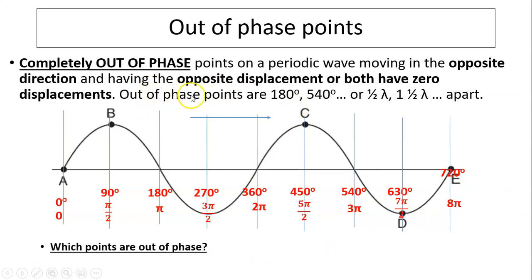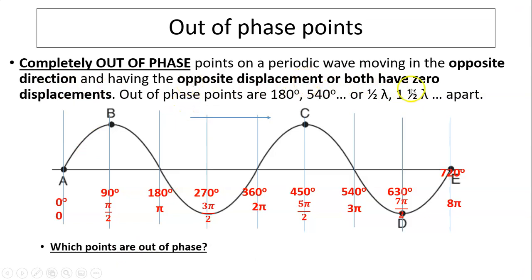Out of phase means they are 180 degrees apart. Usually points out of phase are half a wavelength apart, 1.5 or 2.5, and so forth. Another characteristic of out of phase points is they are moving in the opposite direction, having opposite displacement, or the same displacement but moving in the opposite direction.